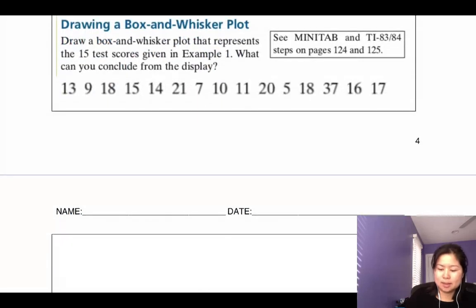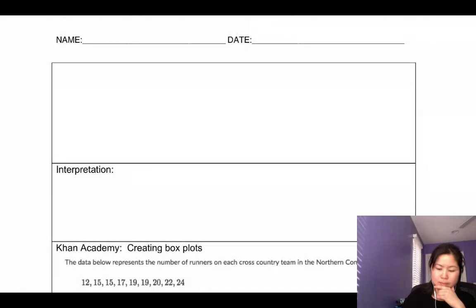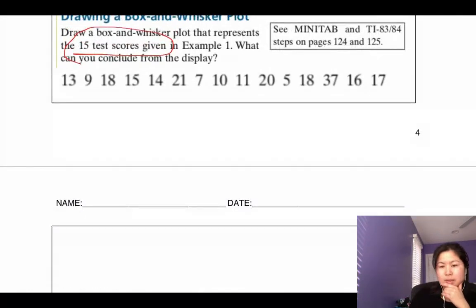So let's say we have, remember this one is the 15 test score that we did. I'm going to use the same data set so we don't have to do a lot of work. It's there, and we can just use that, okay? So you don't have to worry about figuring out what is what. Okay, so let's make the plot.